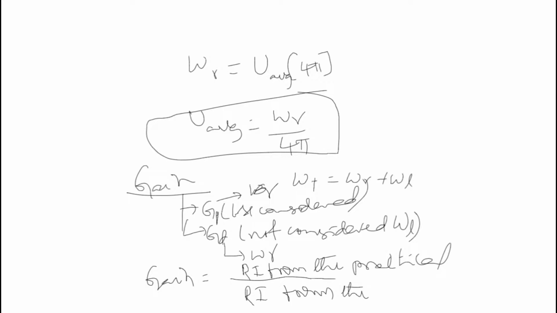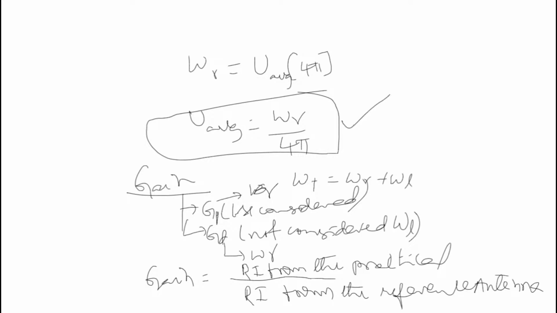The isotropic antenna is taken as the reference antenna. For the isotropic antenna, U average is equal to WR by 4 pi, because it radiates energy uniformly in all directions, so we have only the average radiation intensity, given by U average equals WR by 4 pi.